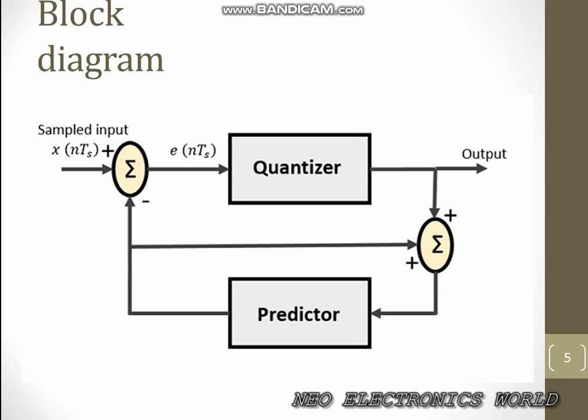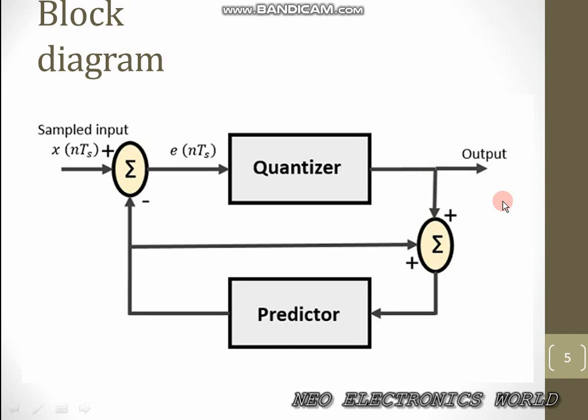This is a block diagram. Here we can see the sampled input coming to the block diagram. In PCM we have only the sampler, then quantizer and then encoder. Here we have a sampler, which is not shown in this figure, then a comparator, quantizer, predictor, again a comparator, and then the output is produced.